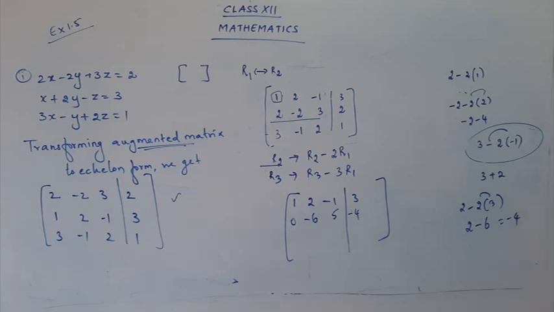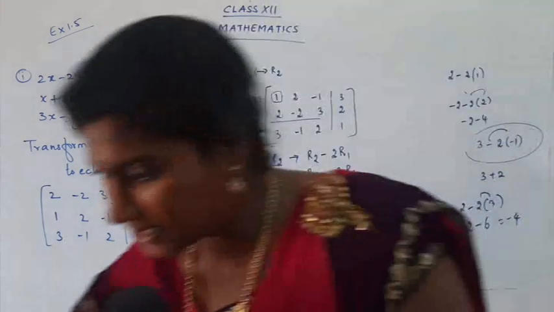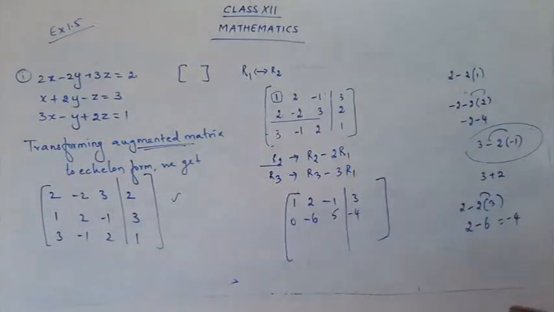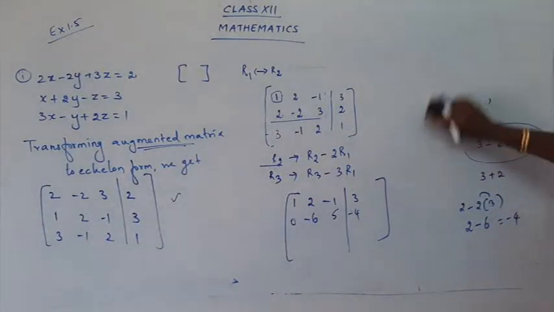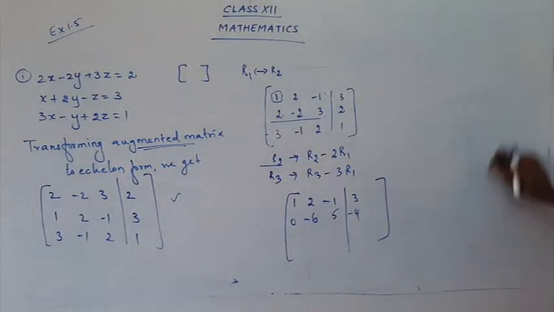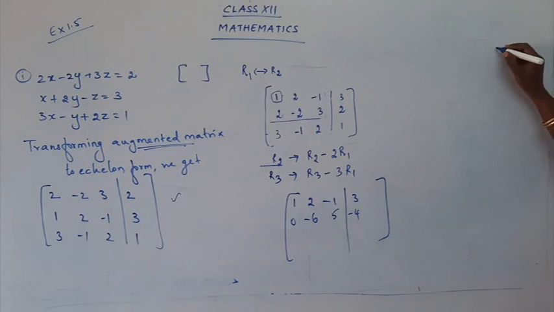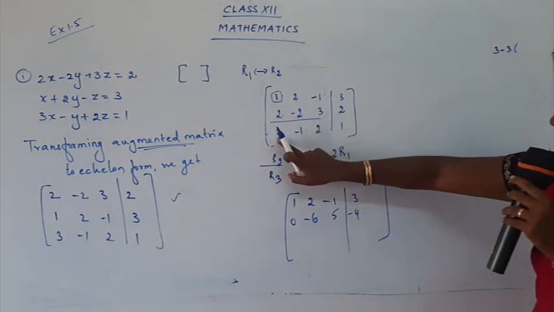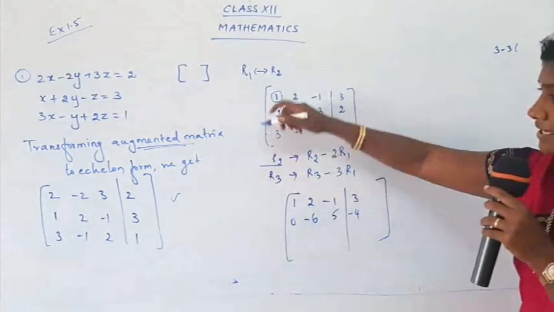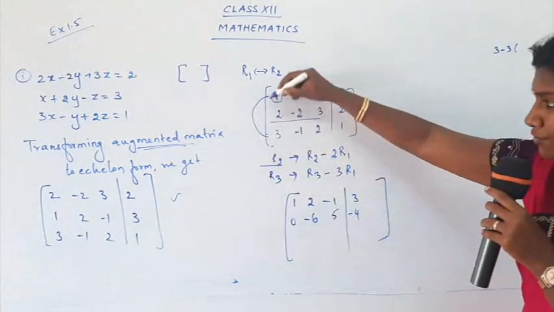Done, children? Okay. I hope you have completed your third row. So let's see the third row. Always try to do the sums in a rough column. If you are able to do it directly, well and good, no problem. So R3, 3 minus 3 of R1. Take R3 and R1, we are dealing with these two, row 3 and row 1.